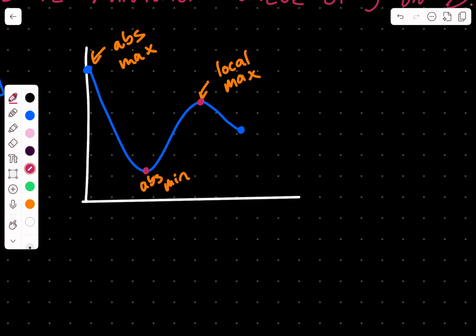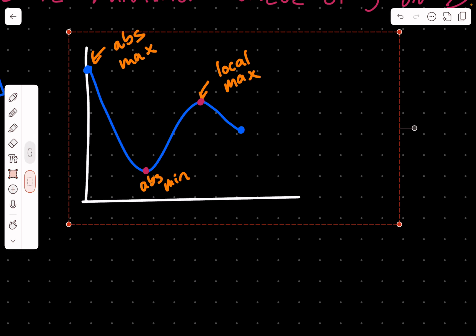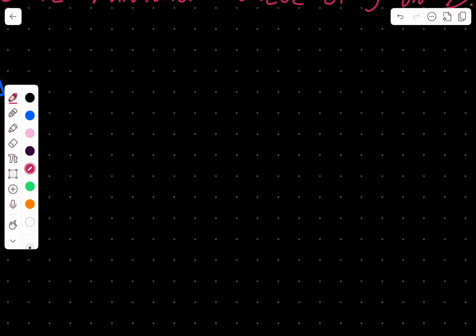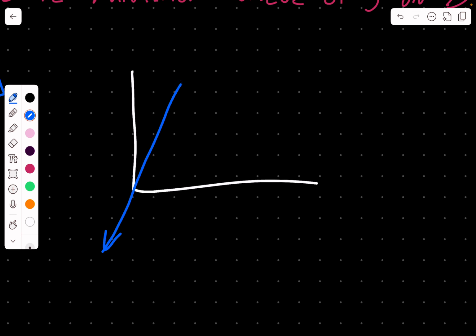So let's do another example where we aren't in an interval. Okay, let's draw something else. All right, we have another graph. So she is going from negative infinity and she's climbing all the way up, and then she's going to stop right here. So we have a partial interval.